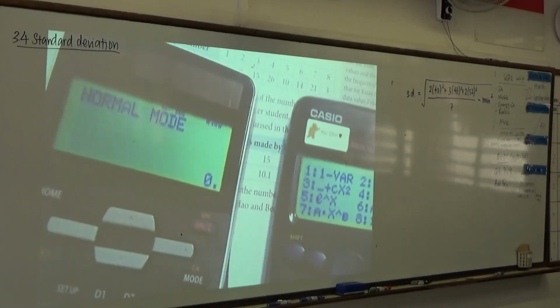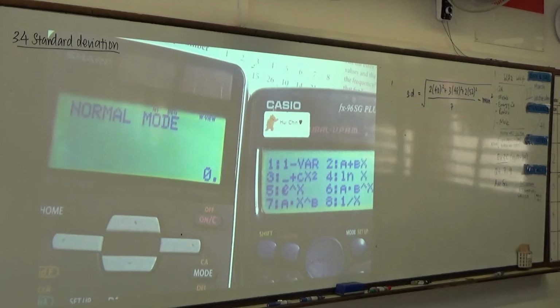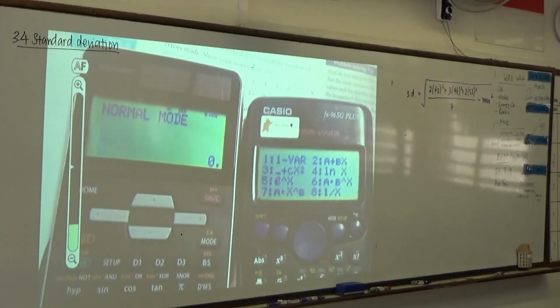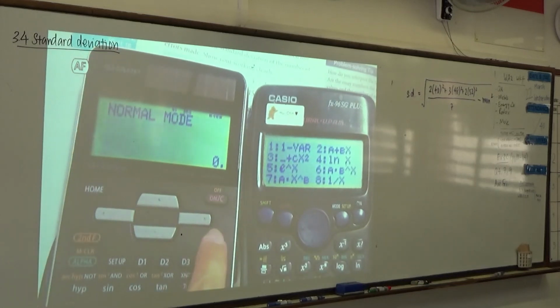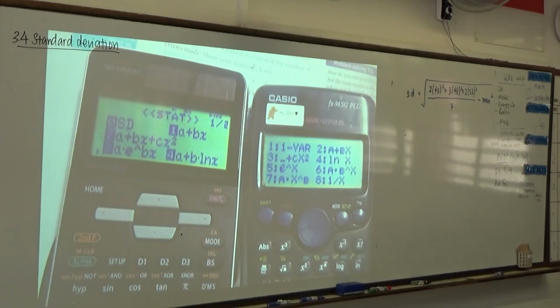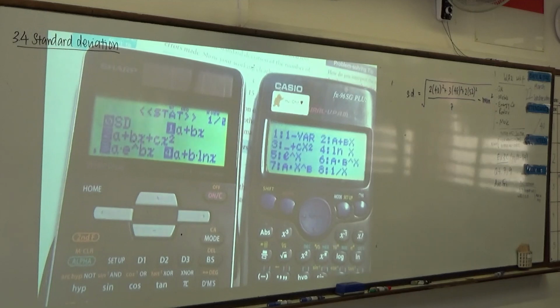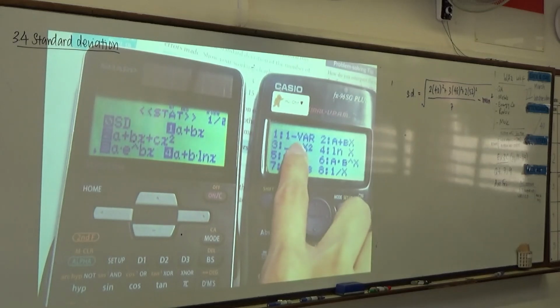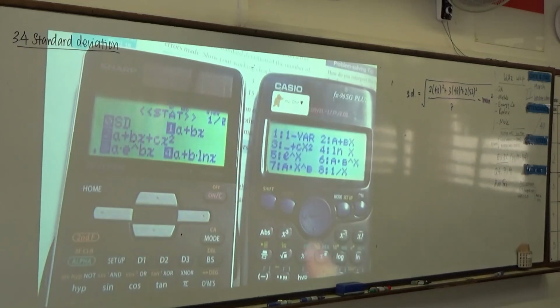Likewise in the Sharp calculator, actually I can put side by side. Sharp calculator, again press the mode, change it to stat. Then after that, choose the one variance. VAR stands for variance. Choose number 1.